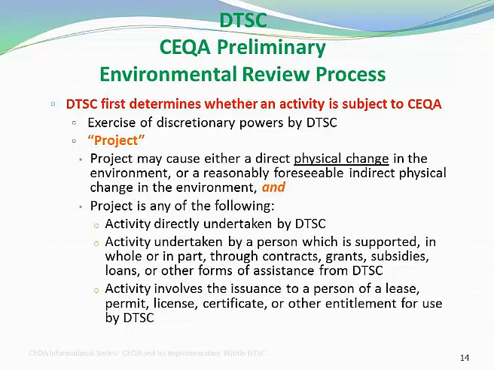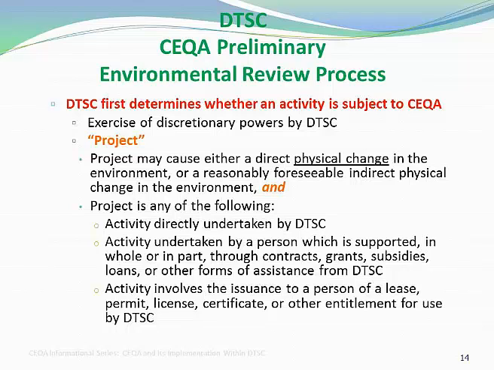The activity must be a project, meaning a project that has the potential to result in either a direct physical change in the environment or a reasonably foreseeable indirect physical change in the environment. For example, removing contaminated soil by excavation, permitting a facility, a regulatory proposal that changes the procedure or process, and so forth.